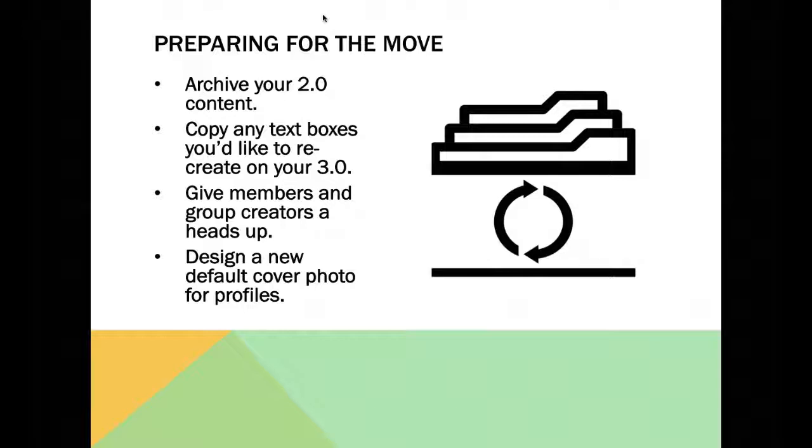And definitely reach out to some group creators, because group creators actually don't exist in 3.0. All of the groups are owned by the network creator, and these group creators that on 2.0 are now going to be group admins, so you can communicate this change to them as well.